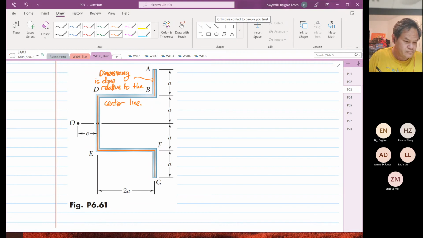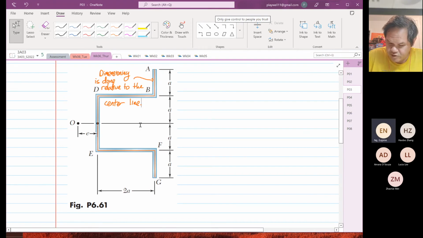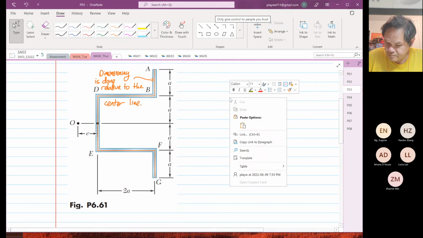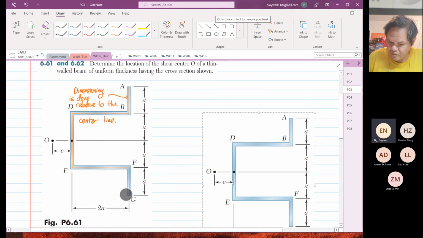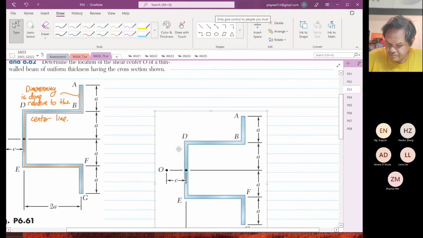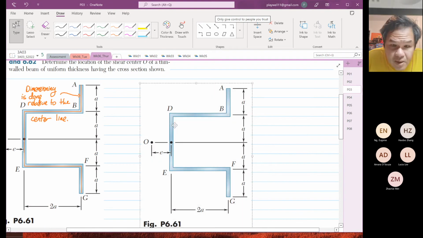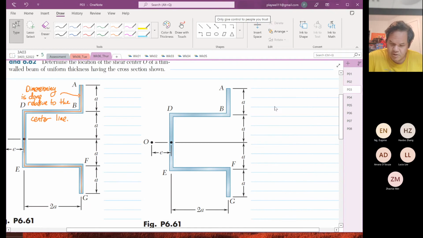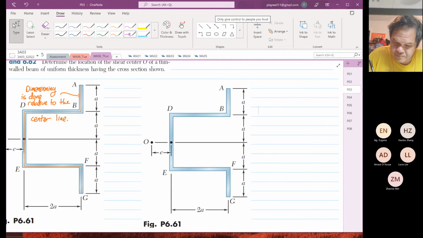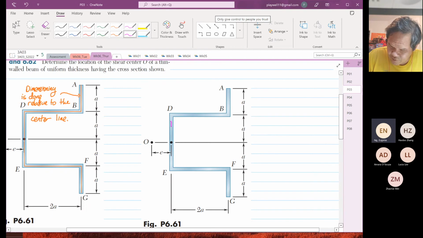So the next thing that we are going to do is construct the shear flow. I'm going to use the same diagram. We know that at the main web, the shear flow is controlled by the main web.